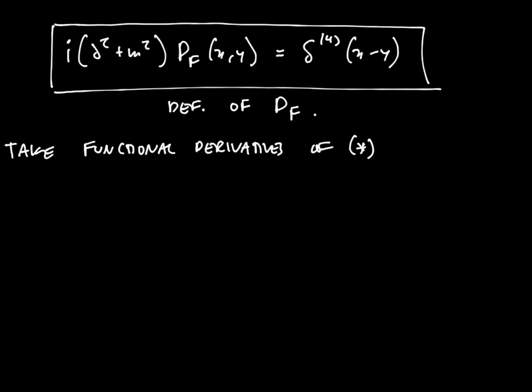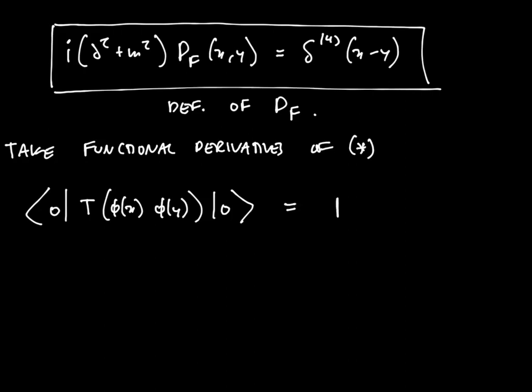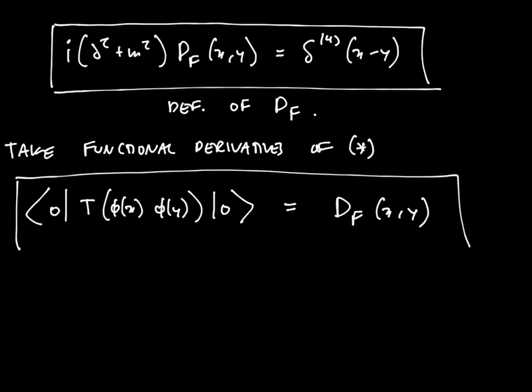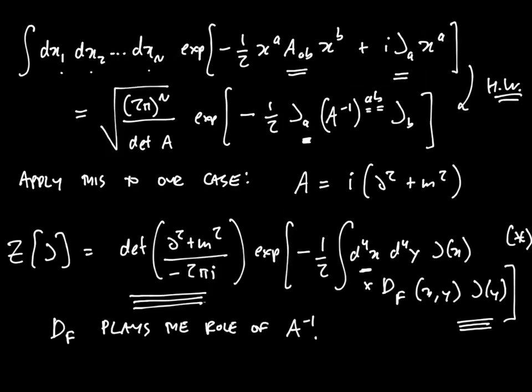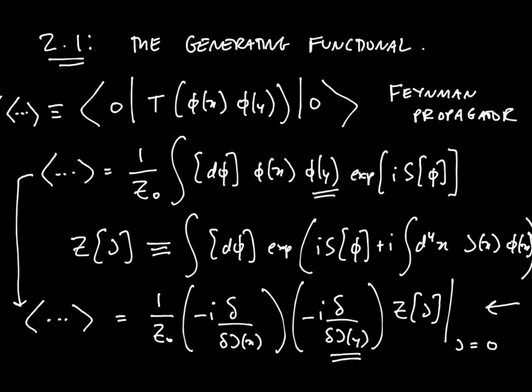And if you do that, it's easy to see that the time-ordered correlation function turns out to be exactly DF(x,y), where DF is defined above. And again, this comes from equation star as well as this equation right here.